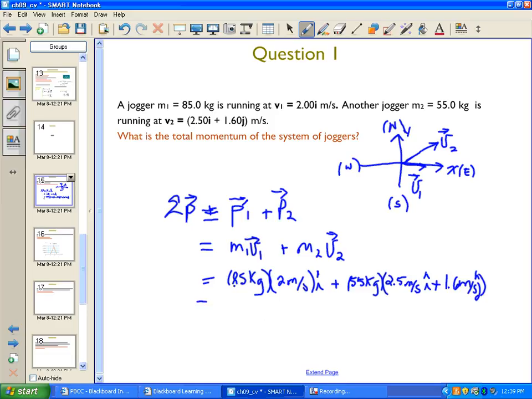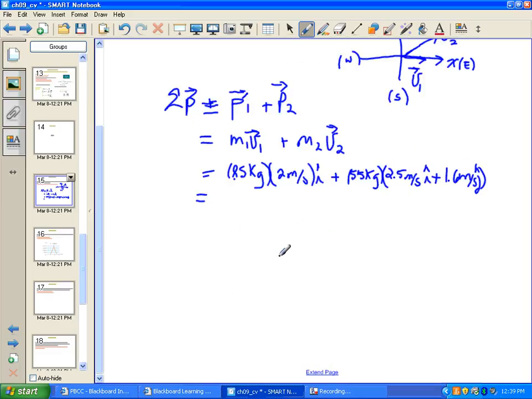All right, so now remember that when we have I-hats added with I-hats or J-hats added with J-hats, we can combine them. What we can't do is combine I-hats with J-hats. In other words, we cannot add I-hats with J-hats, but we can add similar unit vectors, like unit vectors.